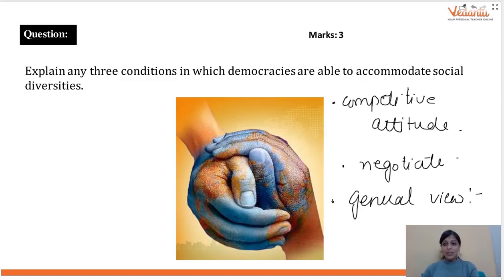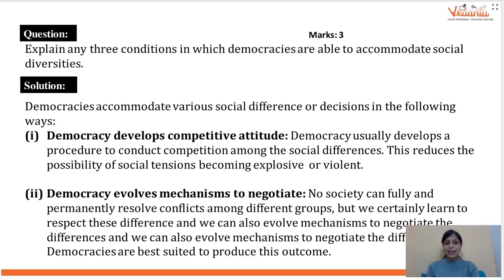See, every society is going to have some conflict. So democracy develops a procedure to conduct competition among the social classes, so that every person has a right to represent or stand up for the community as a leader, or to get elected as a leader. So we've already covered these three points in the last answer. It develops a competitive attitude, evolves a mechanism to negotiate.